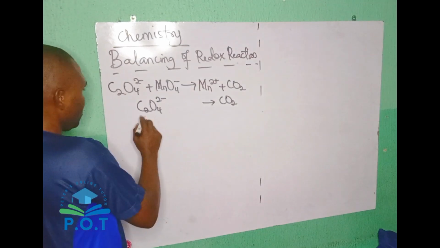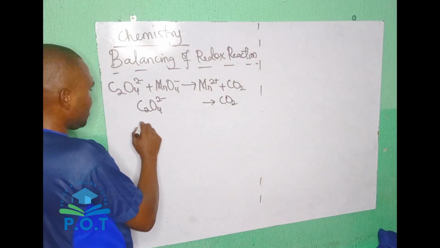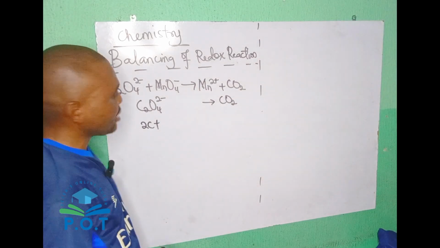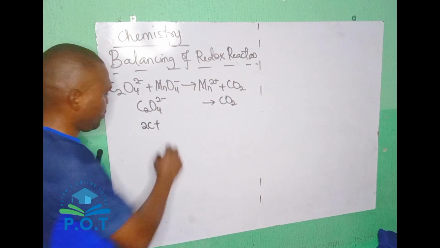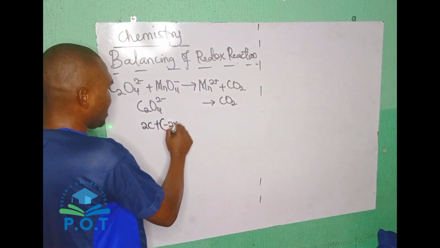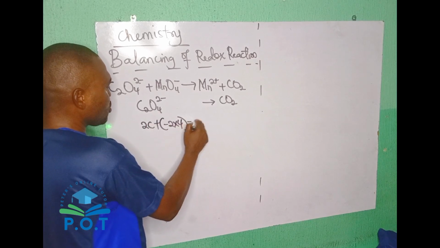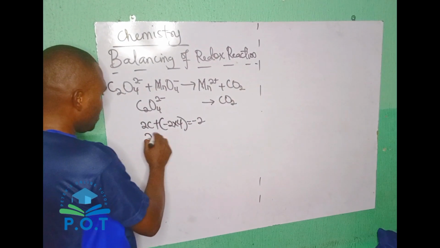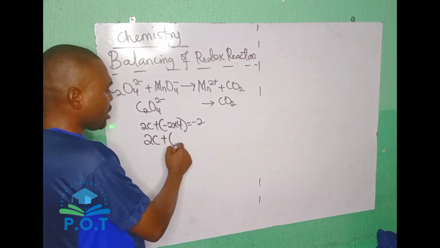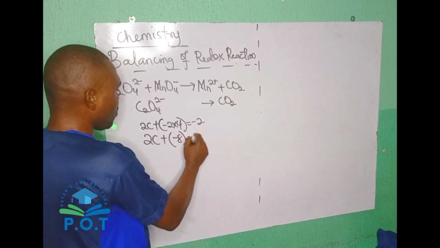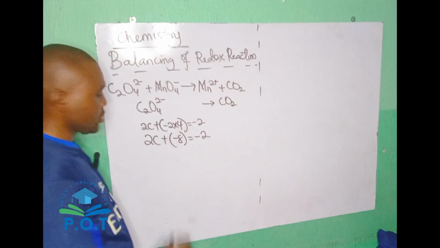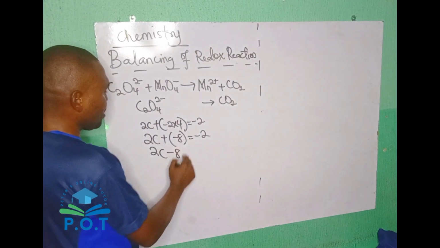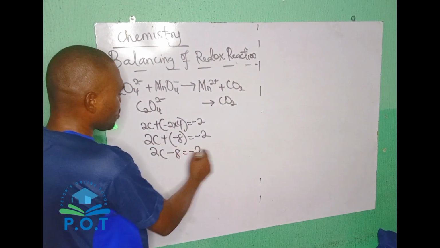Now this is 2, right? 2 times C, that is 2C, plus oxygen here has a valency of -2, so -2 times 4 equals -2. Now 2C plus -2 times 4 is -8, equals -2.